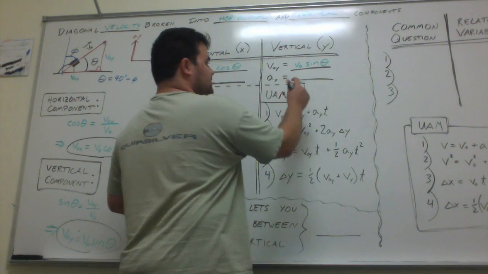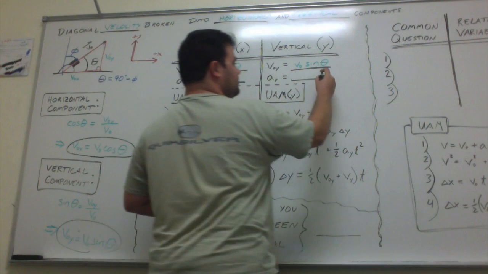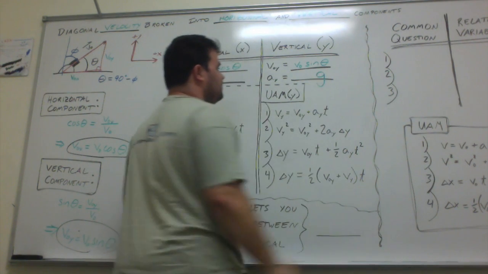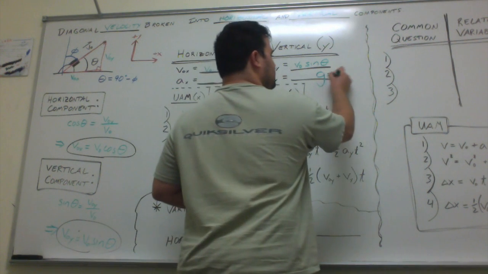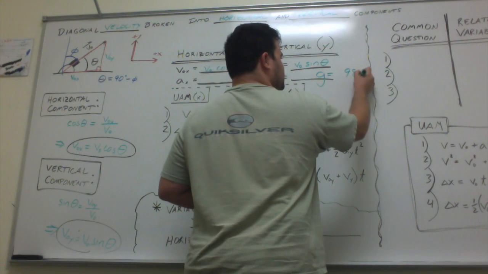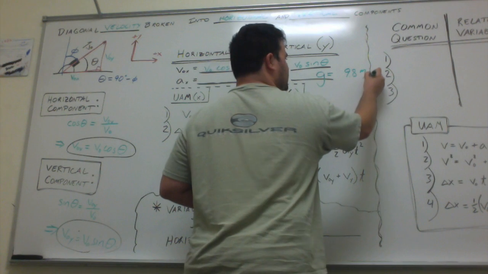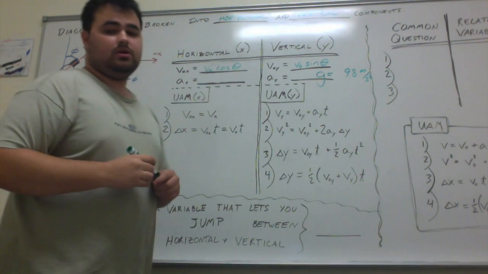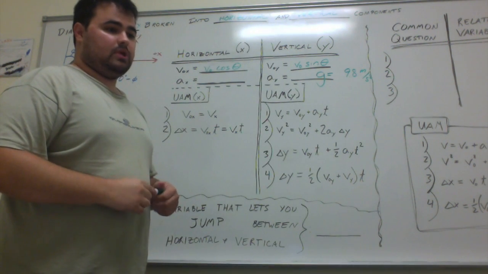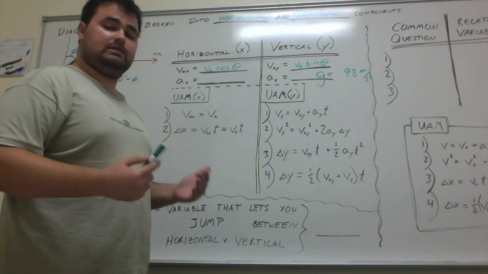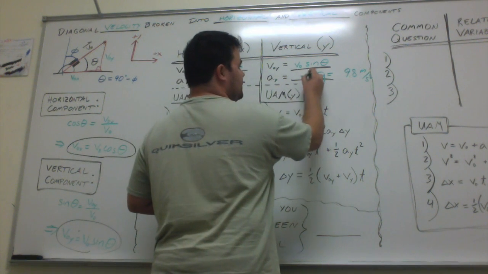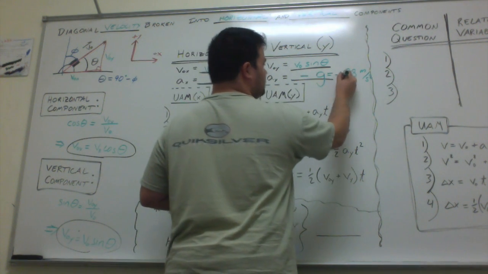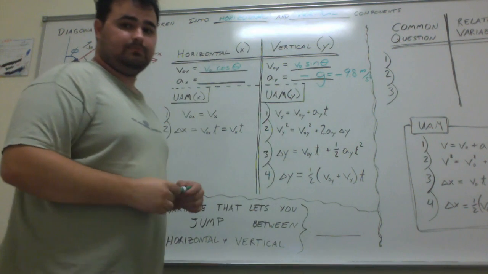Because gravity works down vertically, the vertical acceleration is g, and its value is 9.8 meters per second squared. In this video we're assigning down as negative, so this is actually going to be negative g, negative 9.8 meters per second squared.